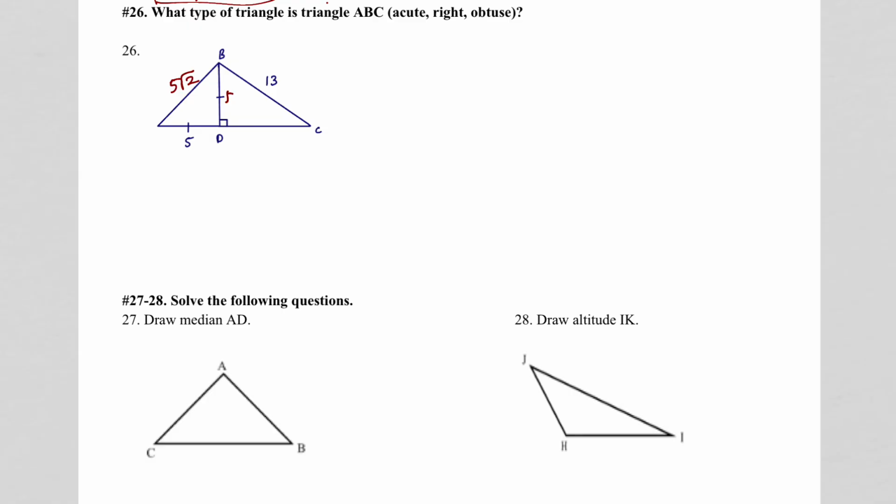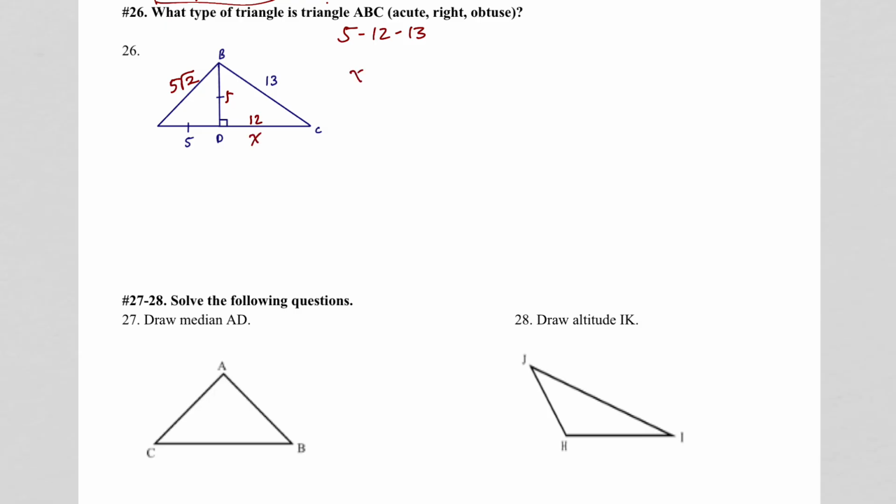Now, in this triangle, I can tell that this is a 5, 12, 13. Because it's a right triangle and we have 5 and 13, this has to be 12. That's one of the most common triples. But if you forgot that, just call this side x.